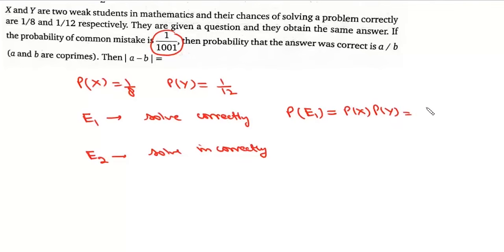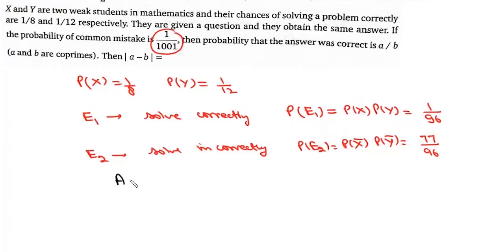So this probability will be 1 by 8 into 1 by 12, so it will be 1 by 96. And the probability that they'll solve the problem incorrectly will be P(X not) into P(Y not). Now P(X not) is 7 by 8 and P(Y not) is 11 by 12. So there will be 77 by 96.